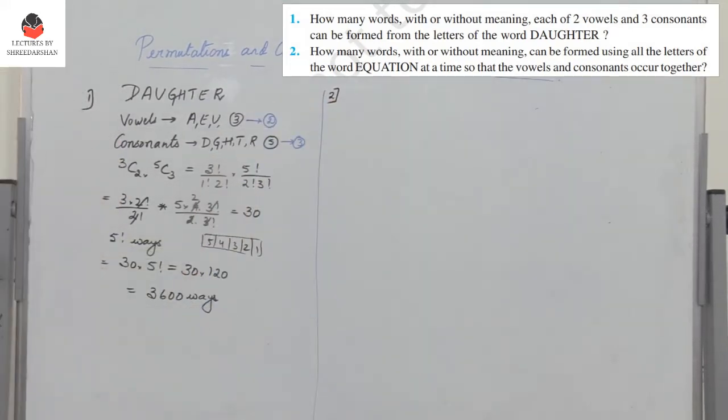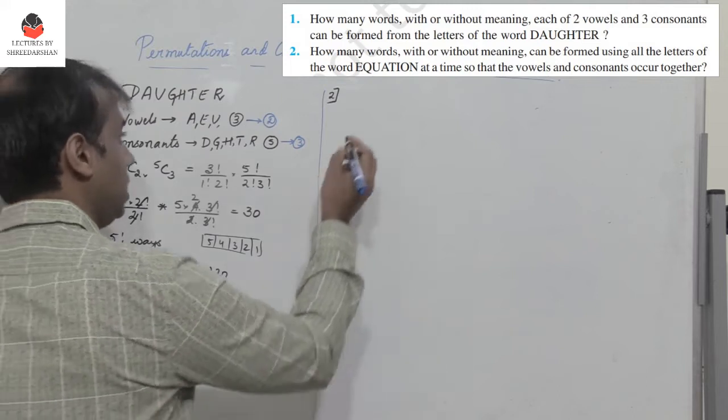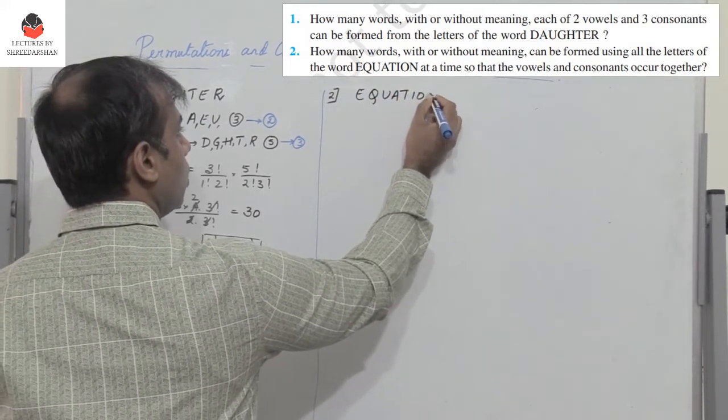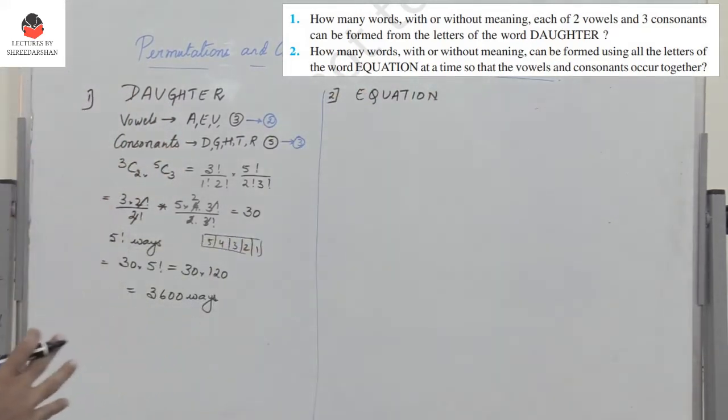Question 2. How many words, with or without meaning, can be formed using all the letters of the word equation at a time so that the vowels and consonants occur together? So you have the word equation, E-Q-U-A-T-I-O-N. Let us identify the vowels and the consonants.